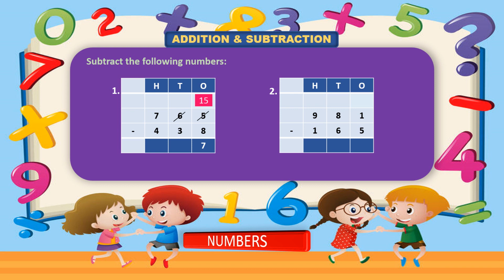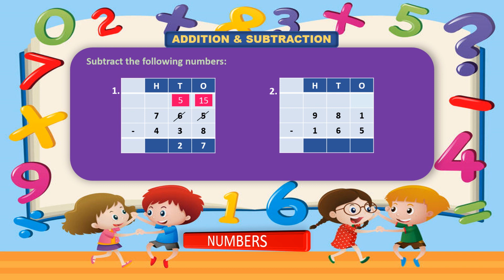Now subtract tens. Since we have removed 1 ten from 6 tens, now we have only 5 tens. So 5 tens minus 3 tens is equal to 2 tens.